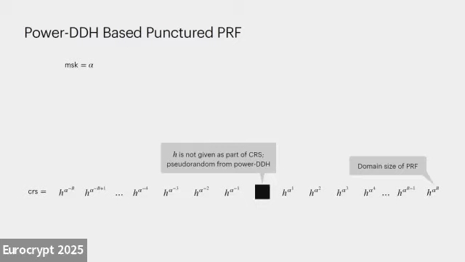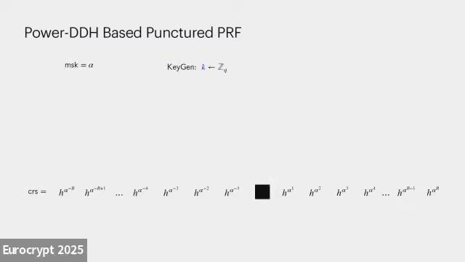And under the PAR-DDH assumption, h is pseudorandom, right? An adversary should not be able to guess what h should be. And we set the master secret key to be the exponent alpha. Now, to generate a PRF key, we just simply sample a random exponent.